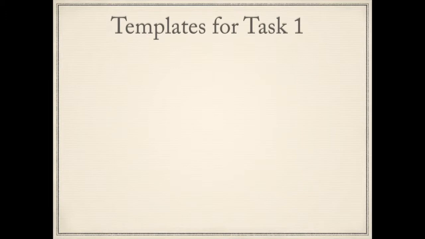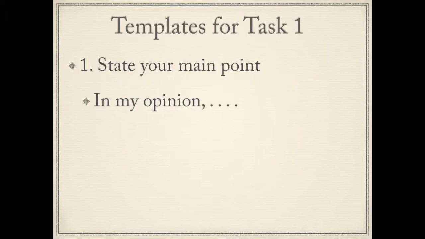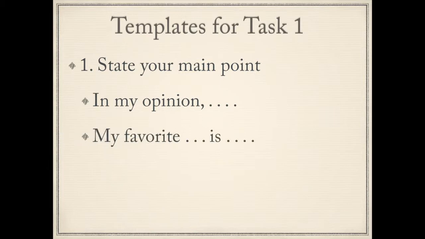Okay, so for example, you can state your main point by saying, in my opinion. Let me give you some suggestions. For instance, in my opinion, the best movie ever is, etc. Or I believe that my favorite film is, etc. And just state your main point openly at the very beginning. I've stressed this in previous videos. I'll stress it again.